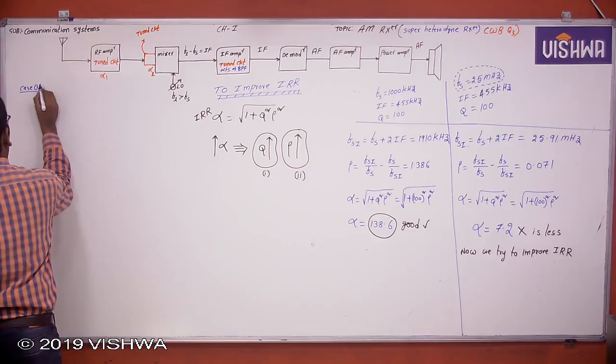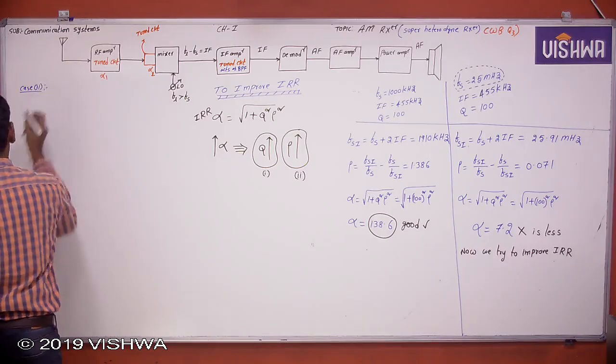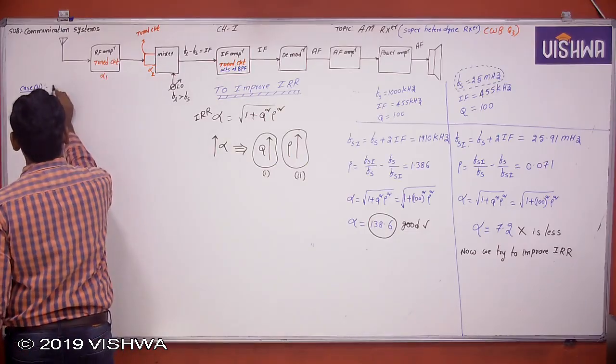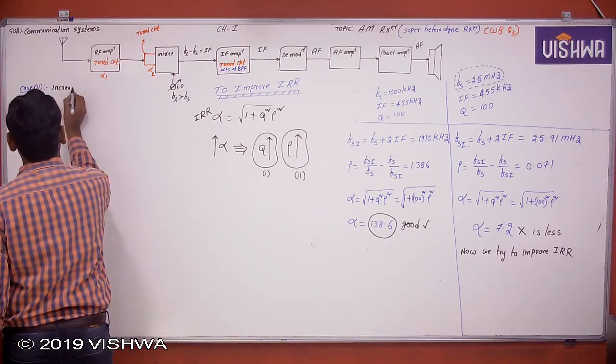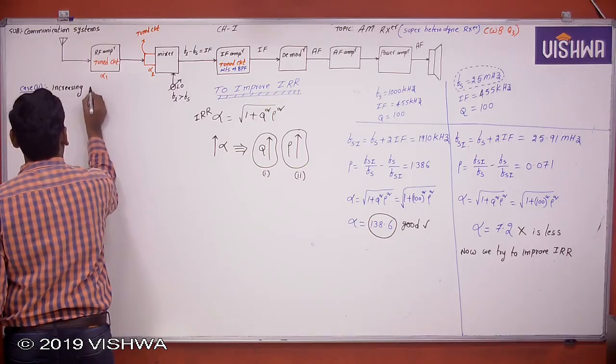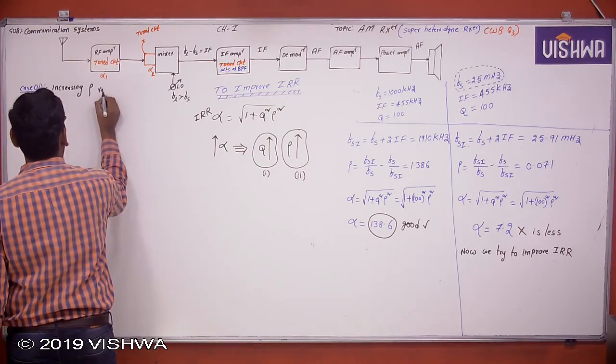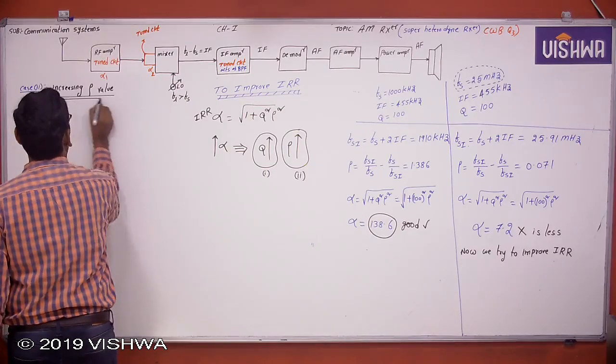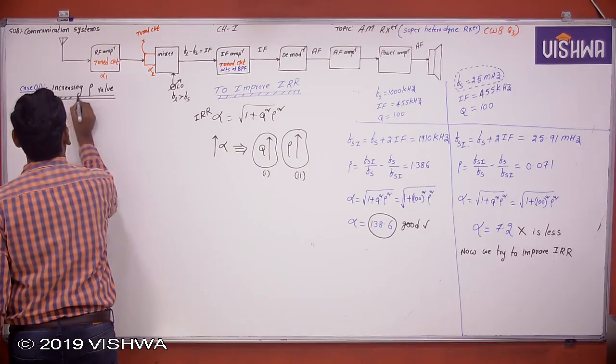The second method is nothing but increasing the rho value.